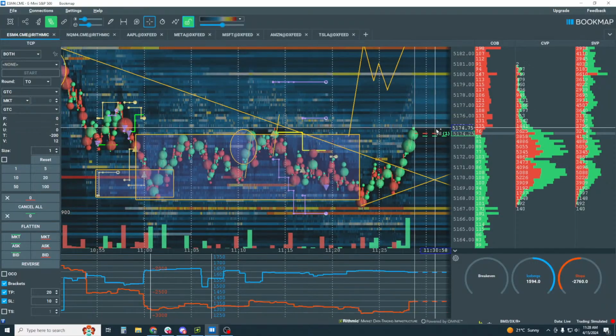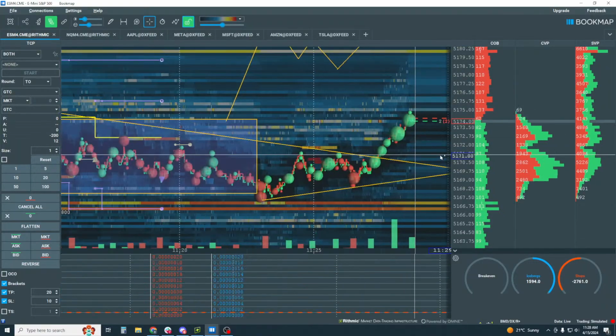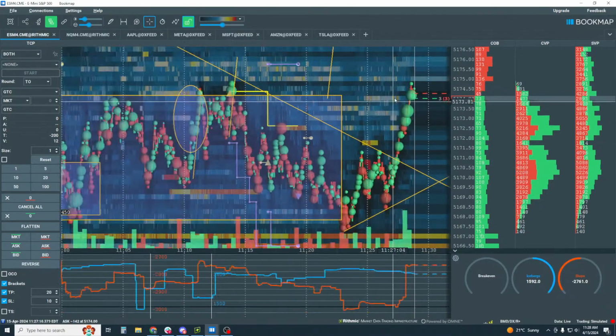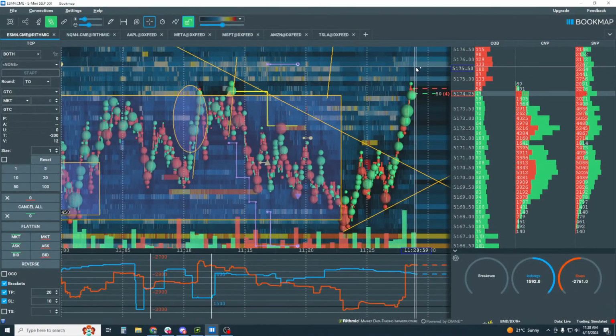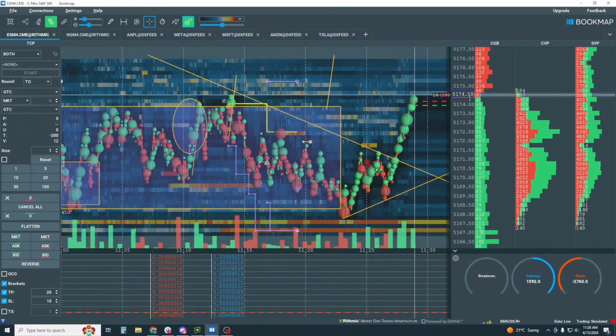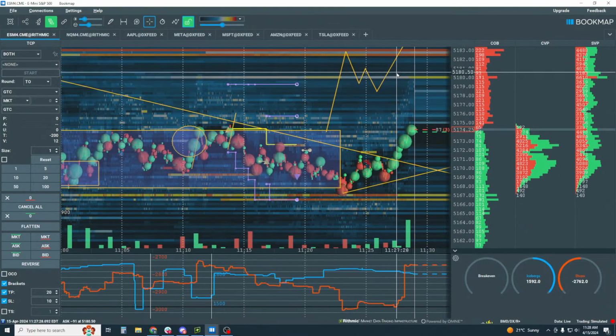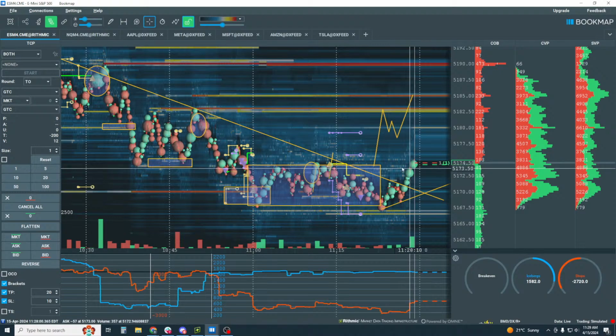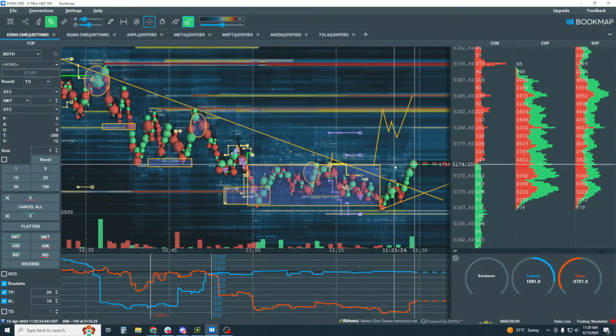Right, so now we're looking for a pullback, and then we can possibly get in here. So now we're looking for a flag pattern, right? Makes sense? So now this is our bigger range here.